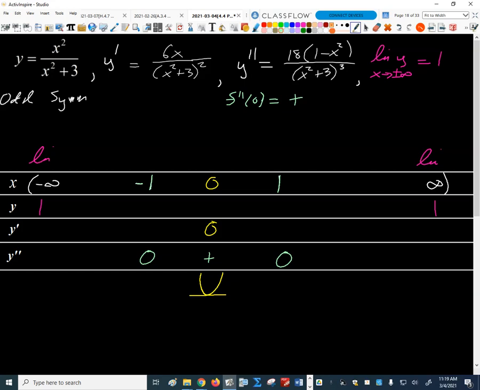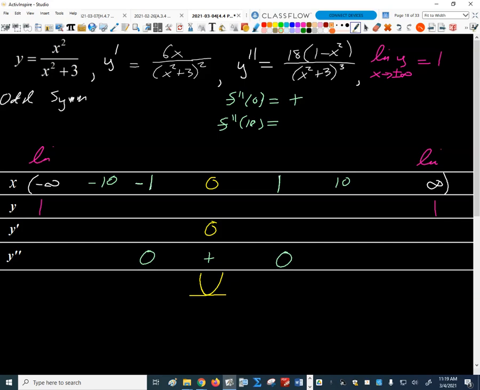So let's try a value like, what about -10? If I plug -10 in, positive or negative, please? Actually, let's do +10. So f double prime of +10 is what? Positive or negative?